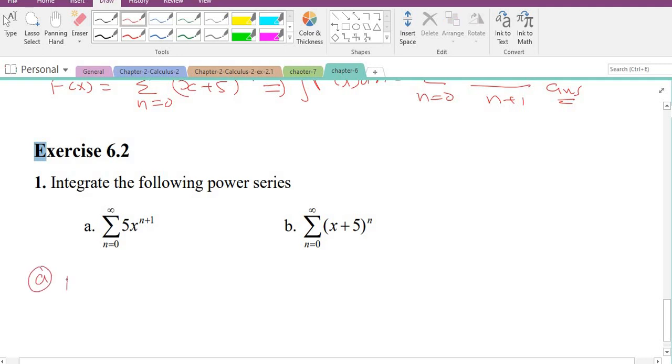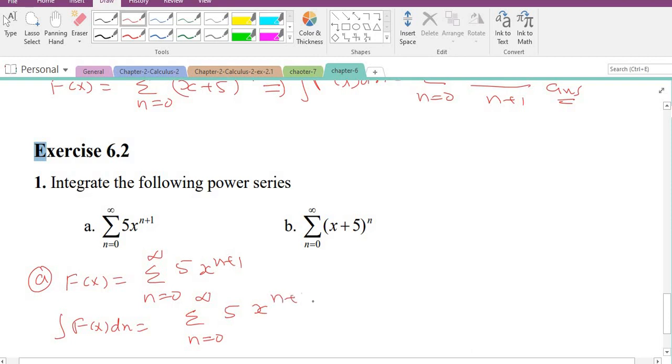How we can write it in f(x) terminology and then integrate it. So integration of f(x) dx is nothing but the summation from n equal to 0 to infinity of 5 x^(n+1), meaning you have to add 1, divided by (n+1).